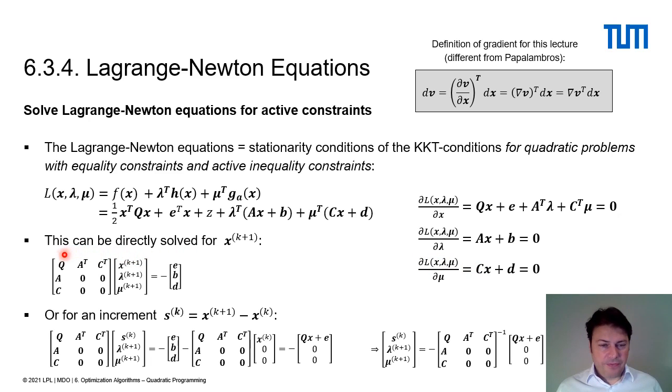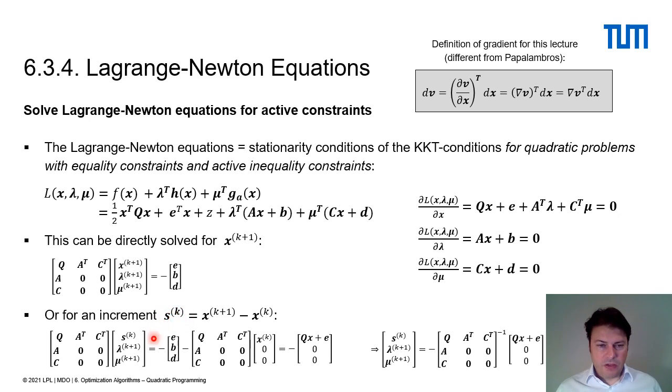Then we write that in a matrix notation like this. And this is something we could solve already, but we would like to rewrite that for an increment or a search direction sk.